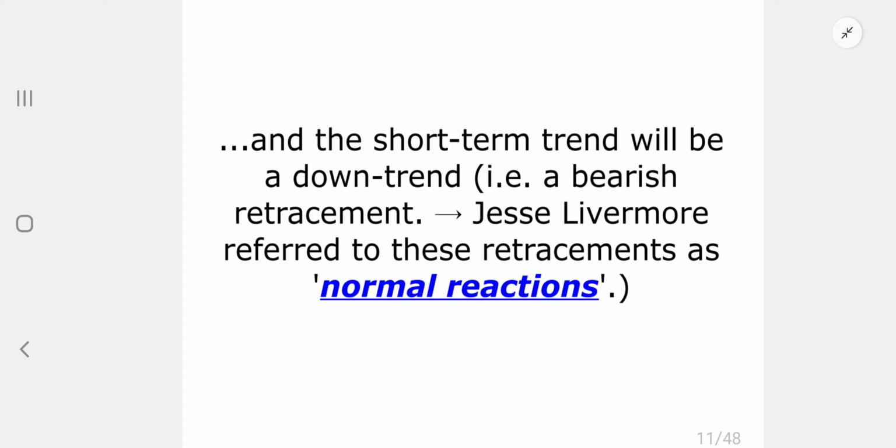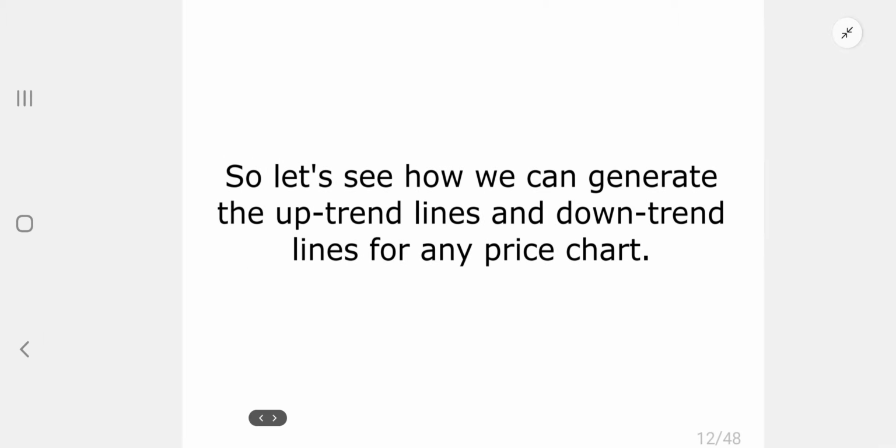Jesse Livermore referred to these retracements as normal reactions. So, let's see how we can generate the uptrend lines and downtrend lines for any price chart.